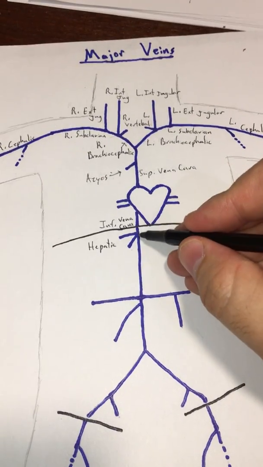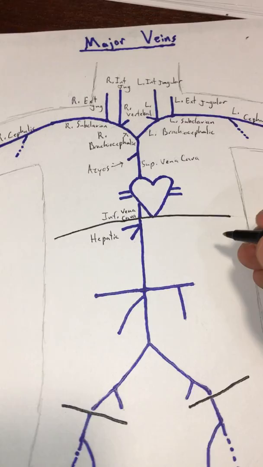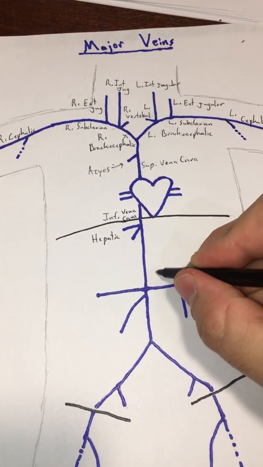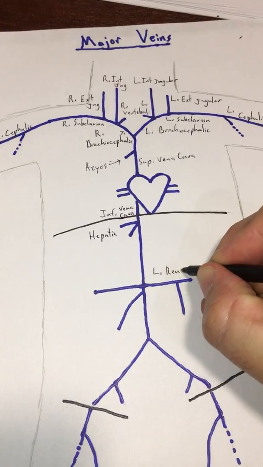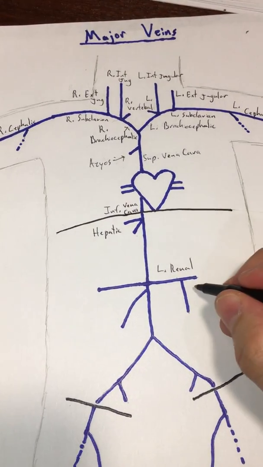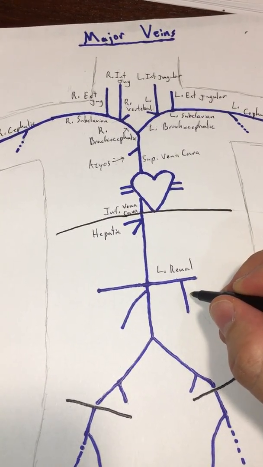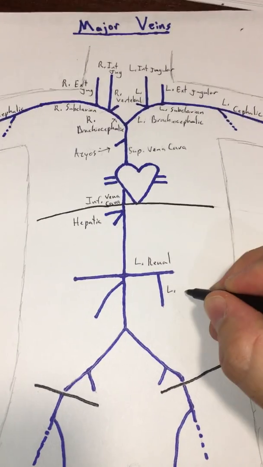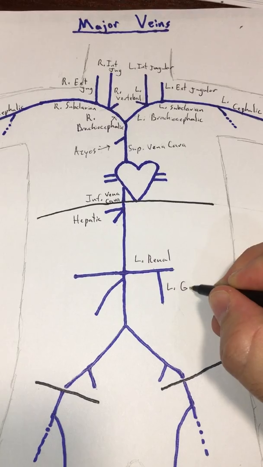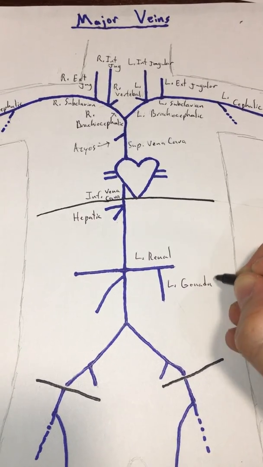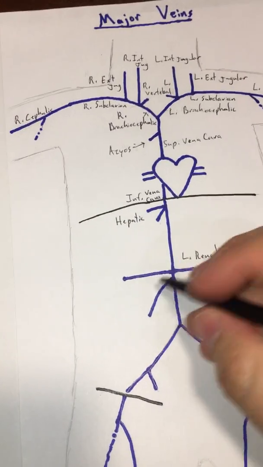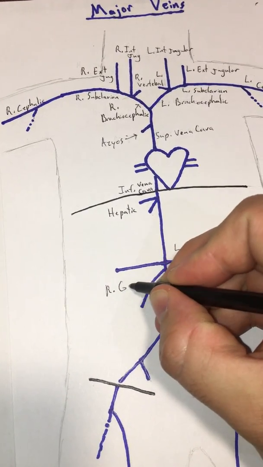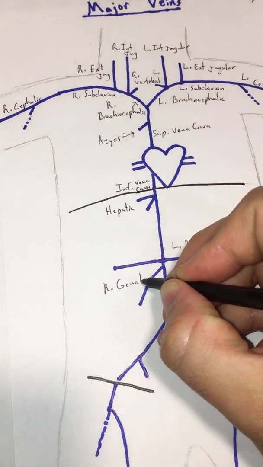Okay, so the inferior vena cava keeps going down. Let's just stick with using the left side first. You have the left renal vein coming off. And this is where the sides are going to start to not mirror each other. It's the left gonadal vein. So that makes this side the right gonadal vein.